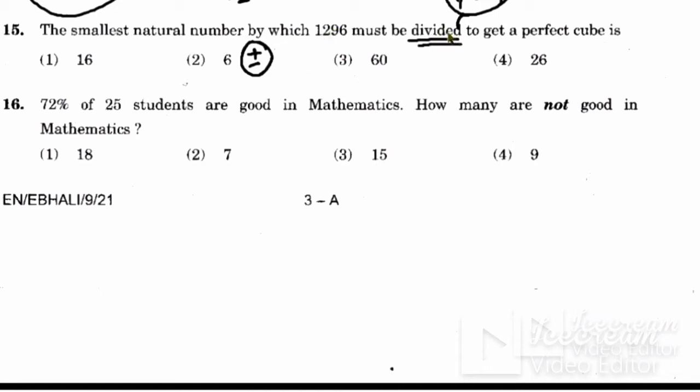And for divided and multiply, this is other type of question, the smallest number by which this number should be divided or multiplied, okay, to get perfect cube, ठीक है. तो for this type of questions we have to use the factorize method, prime factorization method, okay.